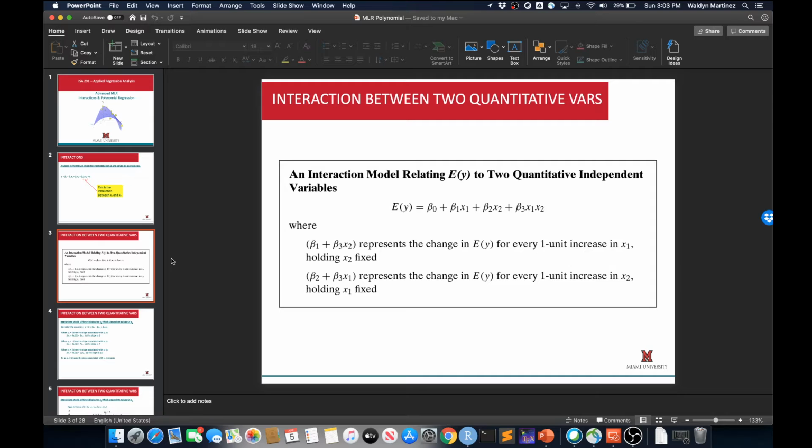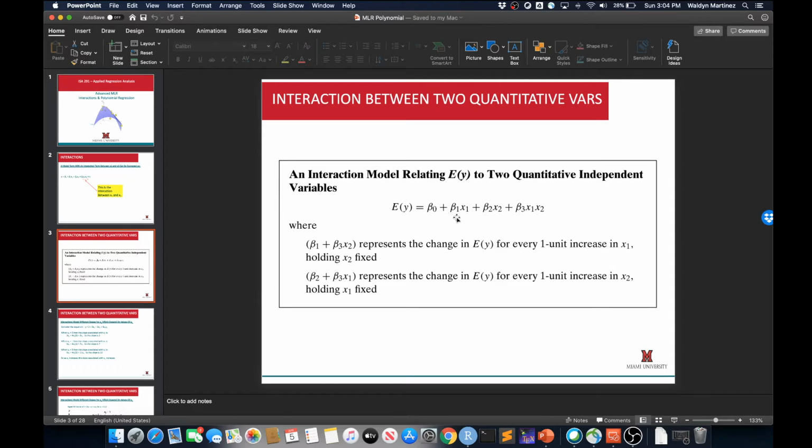When we talk about the effect of a variable now, let's say the effect of x1 on the expected value of y, what we mean is what happens to the expected value of y as x1 changes, and let's say increases by 1 unit. If there was no interaction, then when we increase x1 by 1 unit, on average, the expected value of y increases by beta 1.